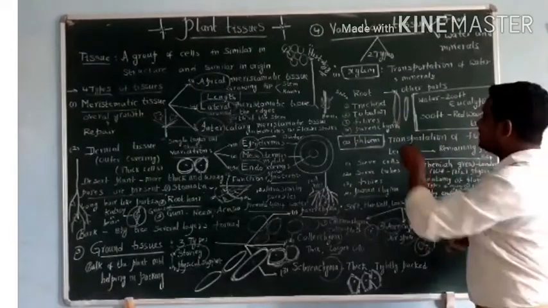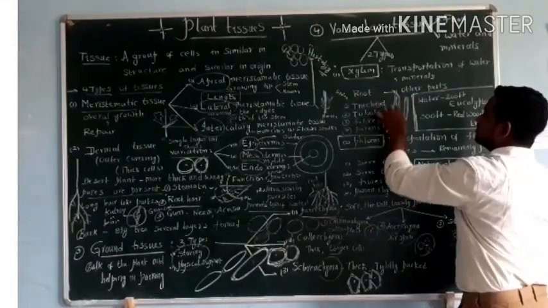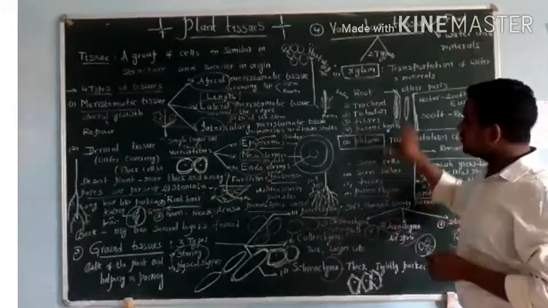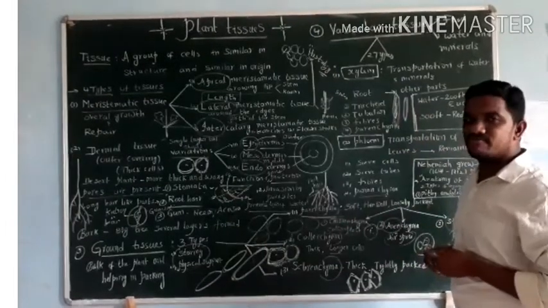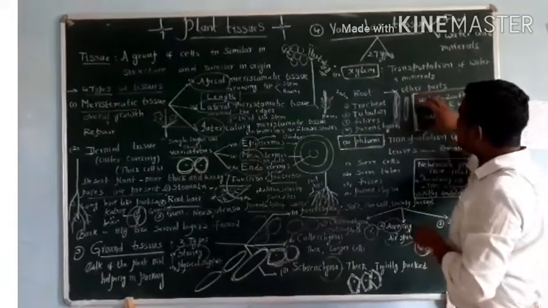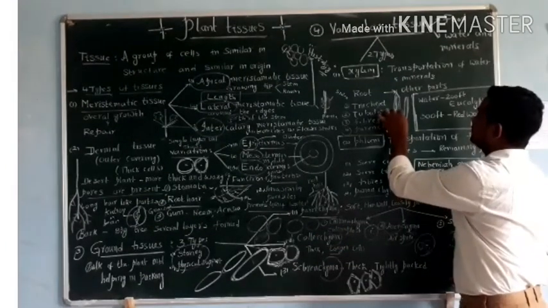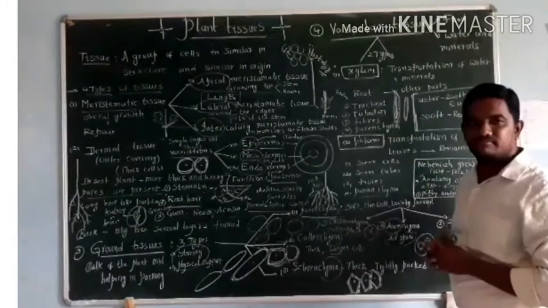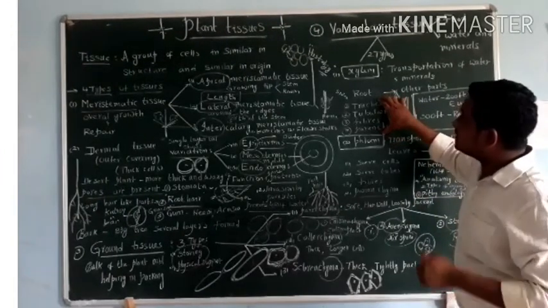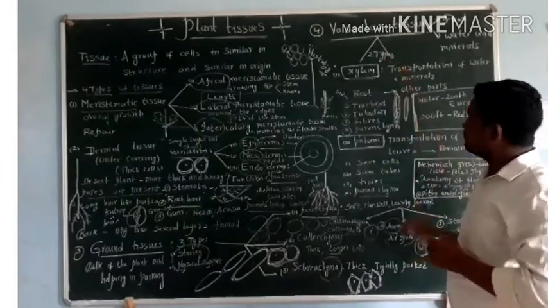Fibers are small thread-like structures present in the plant body. Some parenchymatic cells are also present. These are the cells present in the xylem tissues.